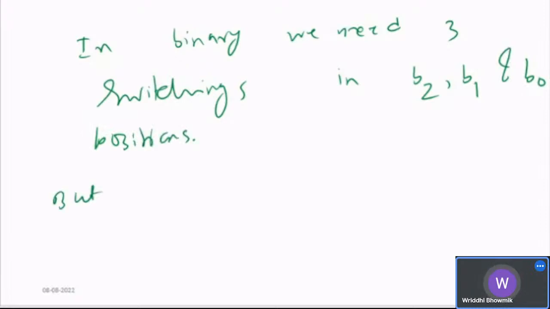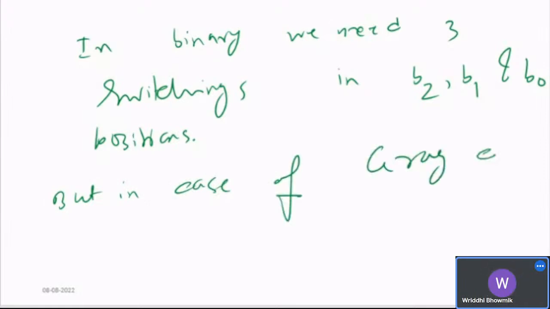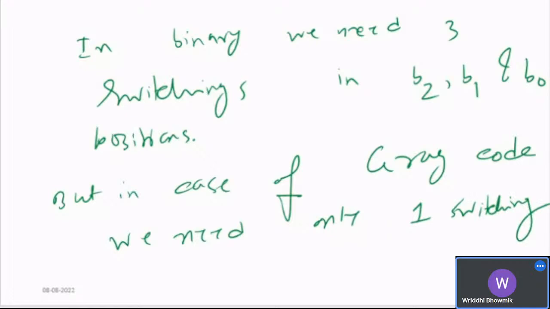But in case of gray code, we need only 1 switching in G2 position.